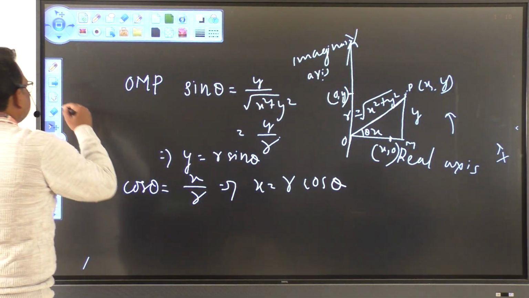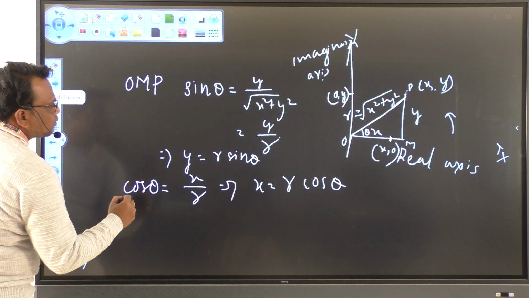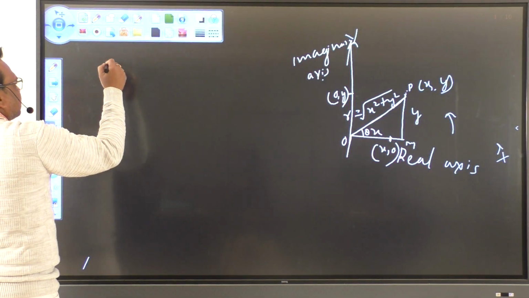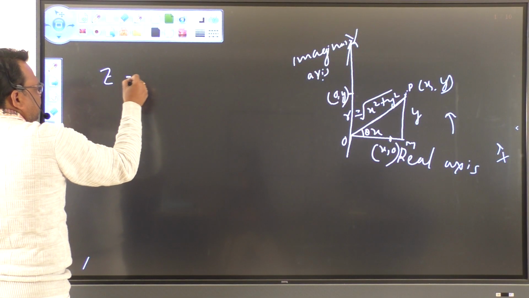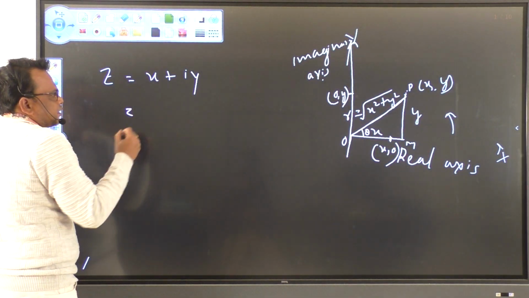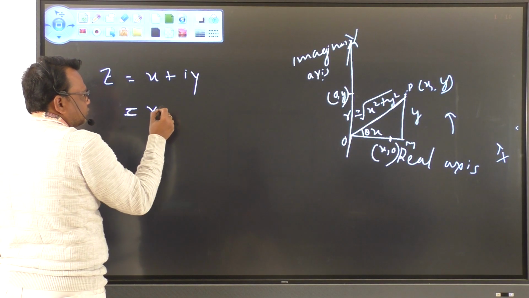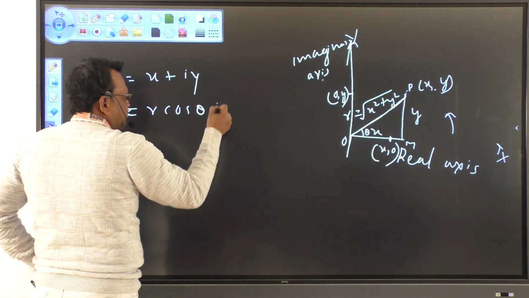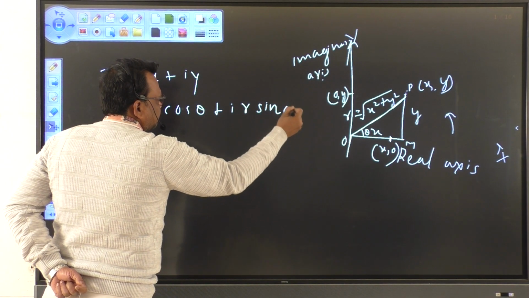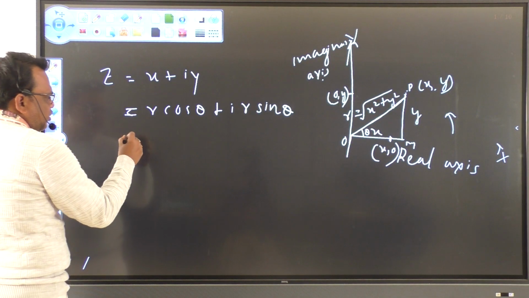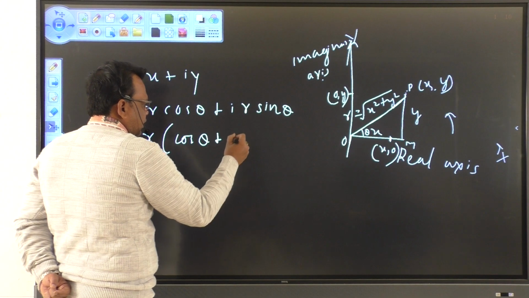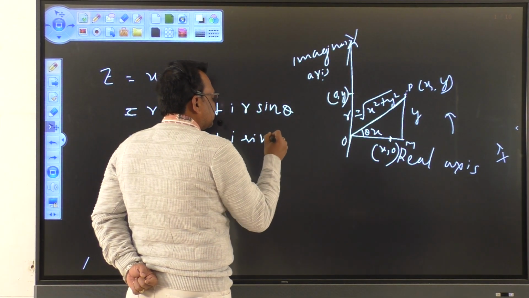So the complex number z is equal to x plus iy can be written as r cos theta plus i into r sin theta. By taking r common, we have r (cos theta plus i sin theta).